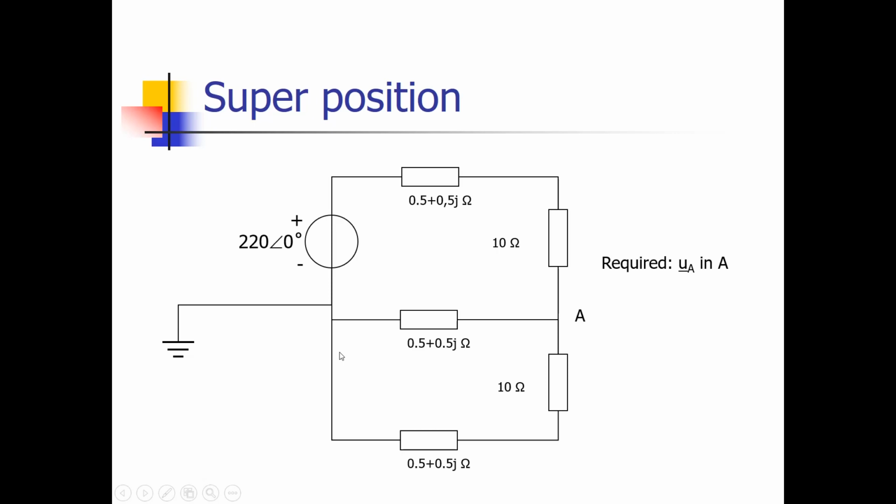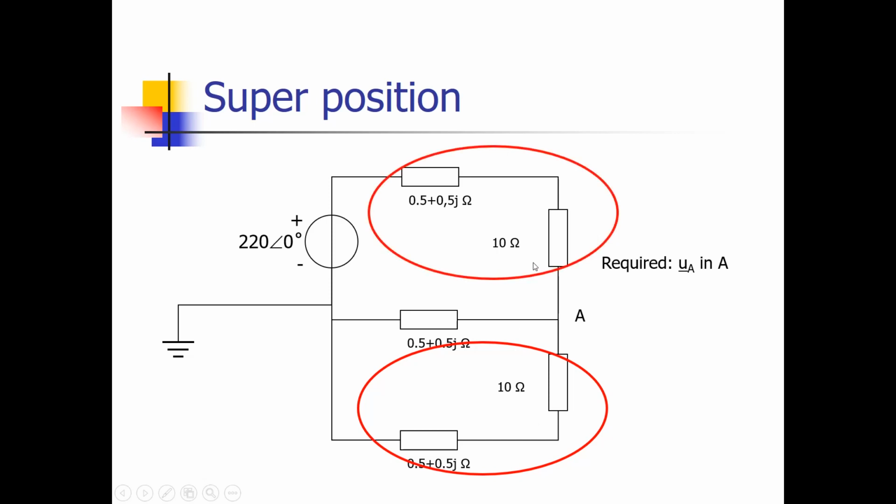Well, the first thing we can do is make this circuit diagram somewhat less complex, so somewhat easier. And we can do that because we see here two impedances in series. And when we have a series connection, we can replace this by one series impedance by adding the real parts of these impedances, which is 10 ohms and 0.5 ohms together, and we add up the imaginary parts of these impedances, which is 0 ohms over here and 0.5 ohms over here, and then we have one series impedance.